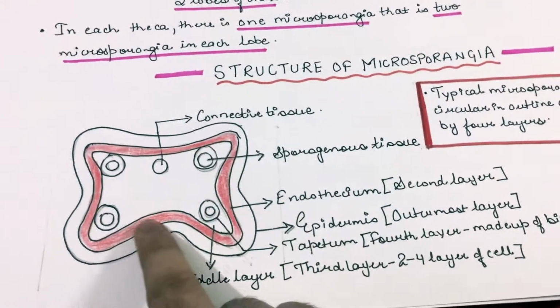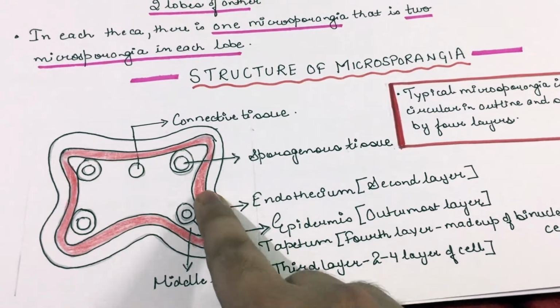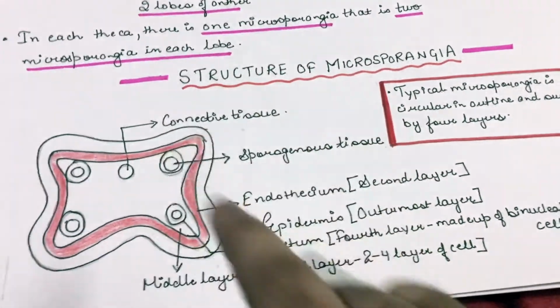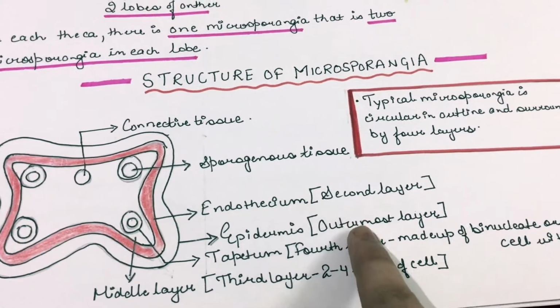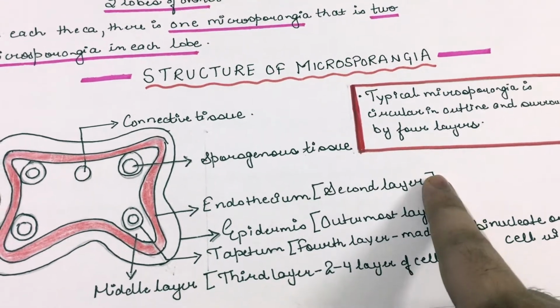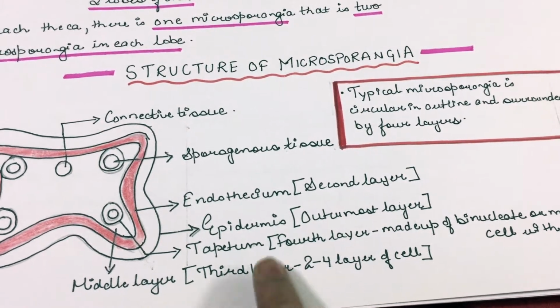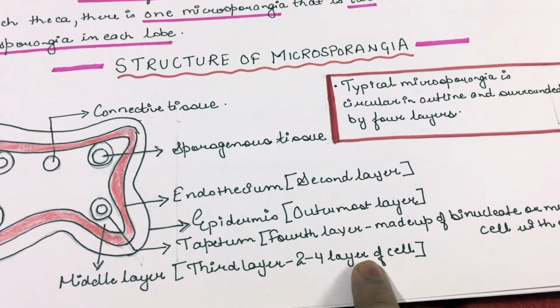A typical microsporangium is circular in outline and is formed by four layers. The epidermis is the outermost layer. The endothecium is the second layer. The middle layer is the third layer, which is formed from 2 to 4 layers of cells.